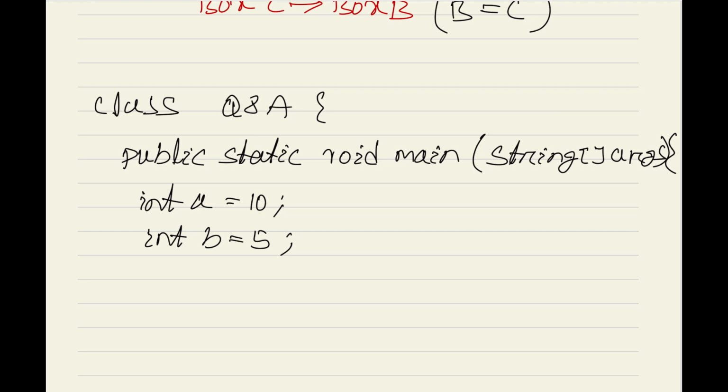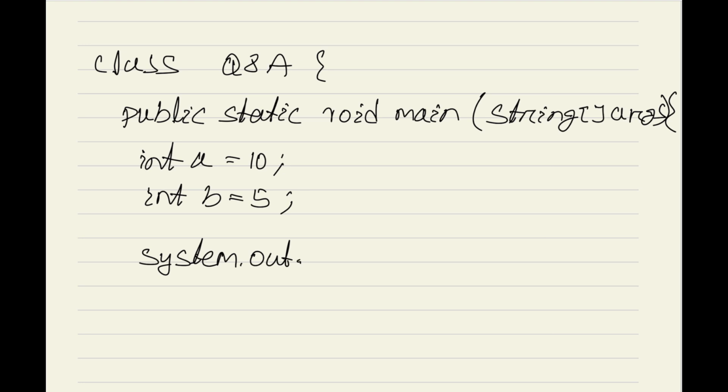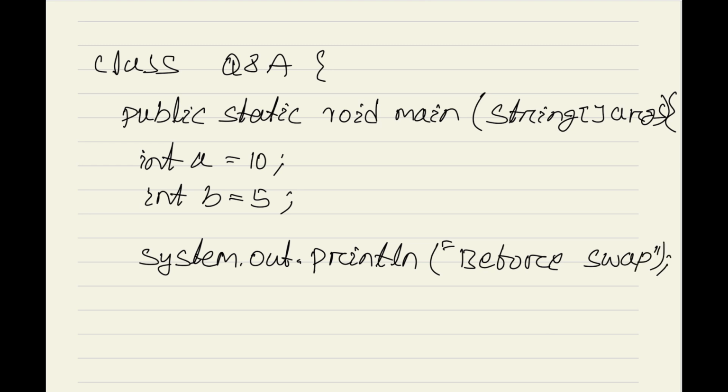Now I want to swap the values of A and B. Before that I want to print the values of A and B. For printing or displaying the values, I can write system.out.println, before swap.